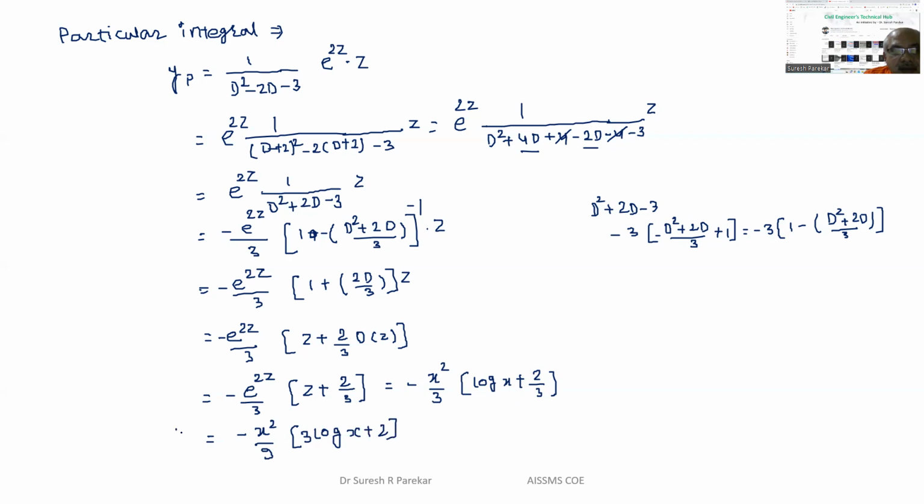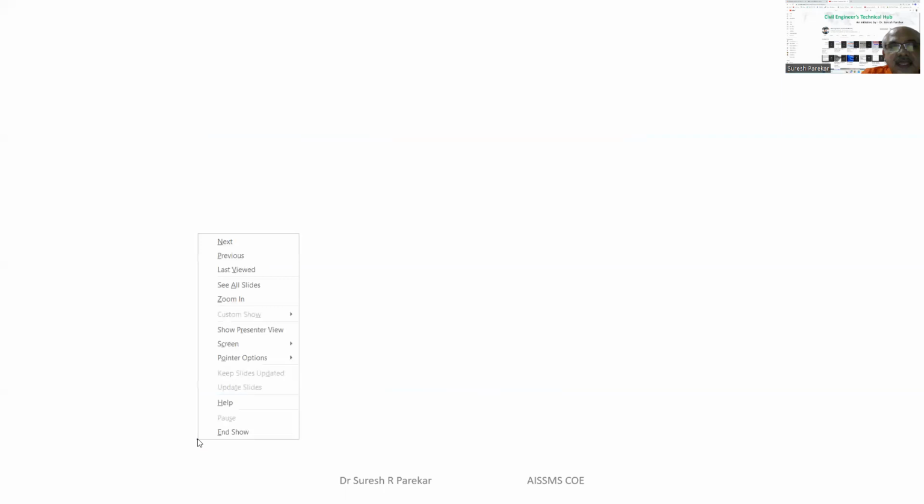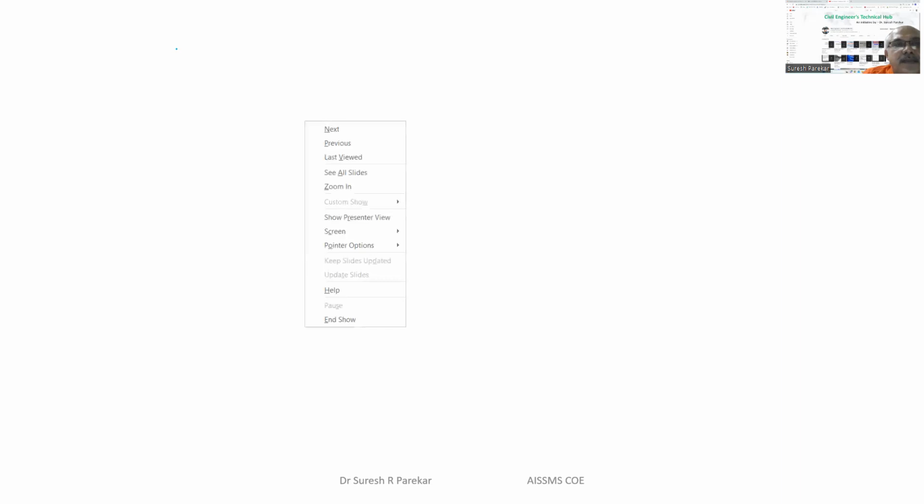And this is my value of yp. And therefore we will write yc plus yp, and then we have this as solution y, that is equal to yc plus yp. So y is equal to yc plus yp.